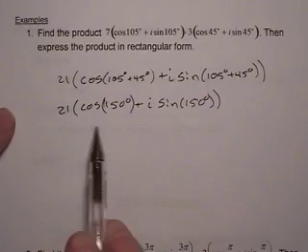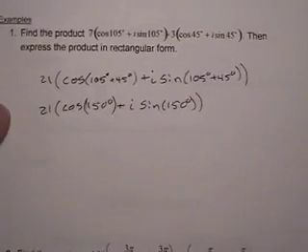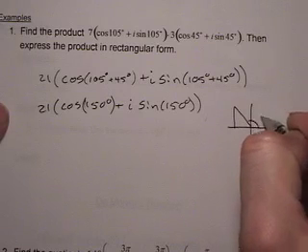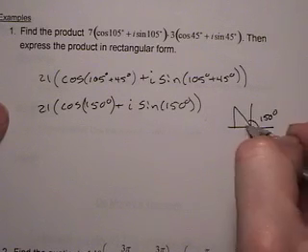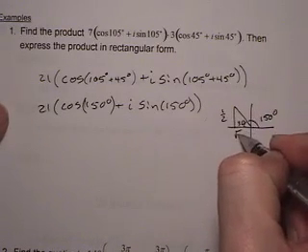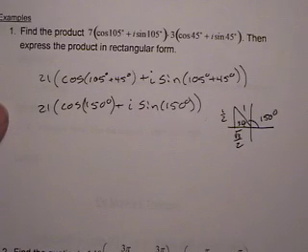If I want rectangular form, remember, just figure out the actual numbers. If I draw 150 degrees, it gives me a reference angle of 30. Opposite 30 is a half. Adjacent 30 is rad 3 over 2.